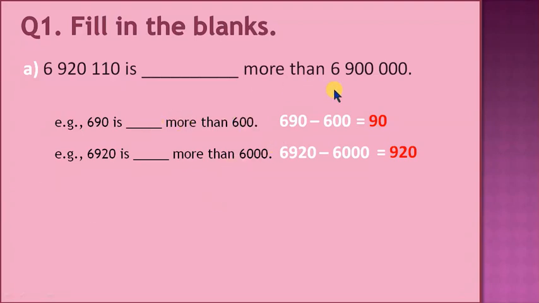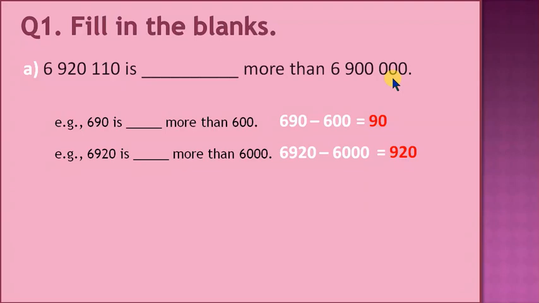Now very simple. What will you do here? You will subtract this value from this value. So what will be the answer? You can see here, 920,110 and here 900,000. 20,110 is more.